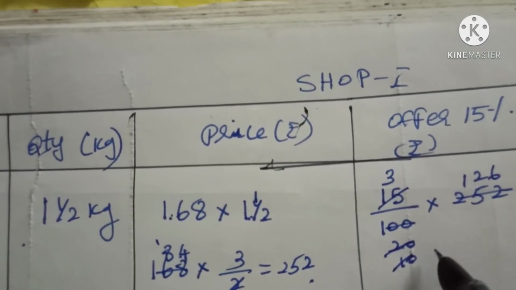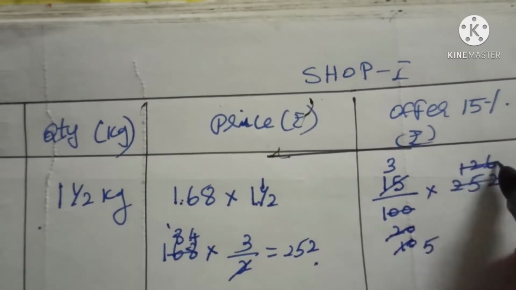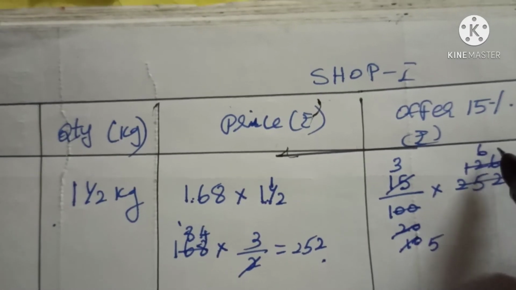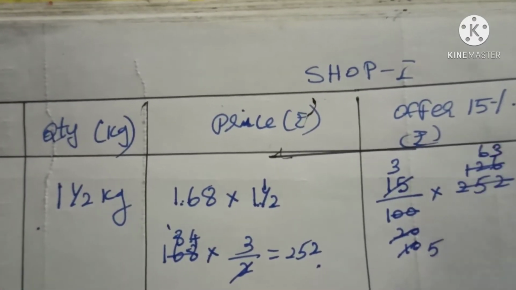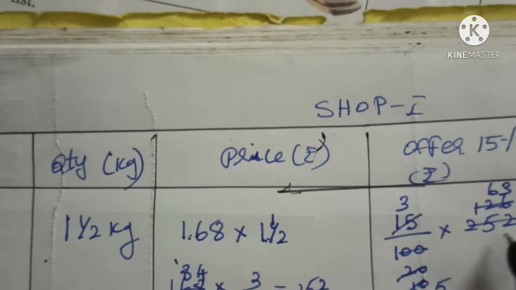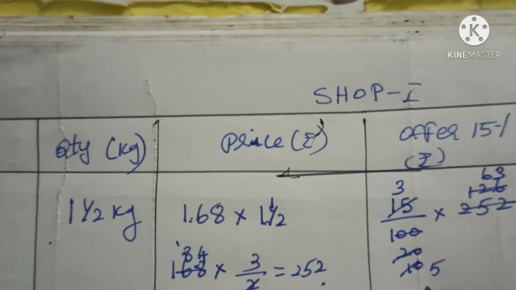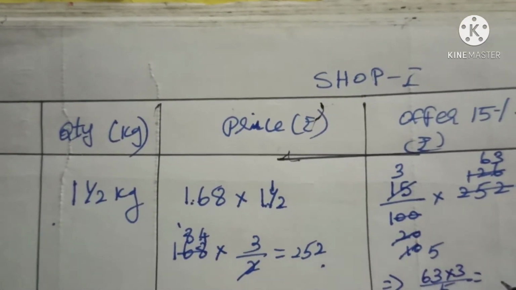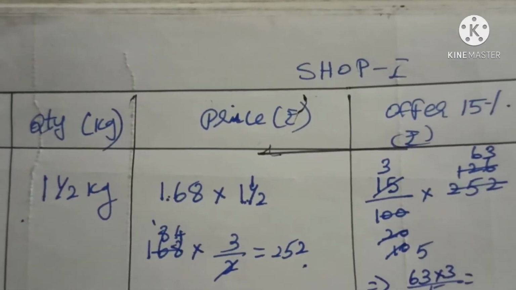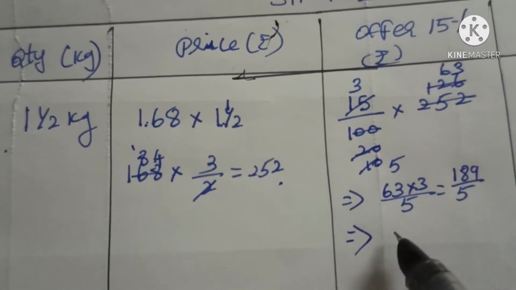Again with 5 table, 2 table, 2 5s are, then 63, which is equal to 63 into 3 by 5. 63 into 3 is 189.